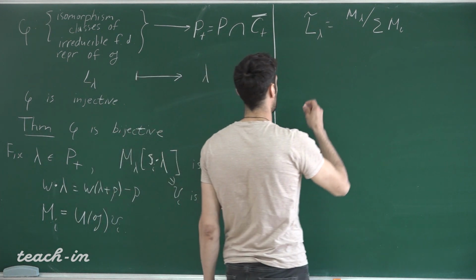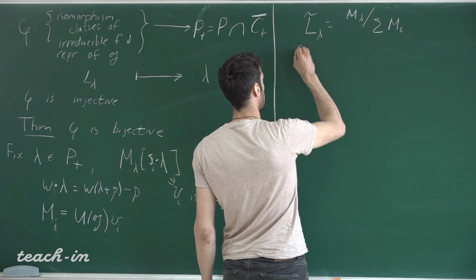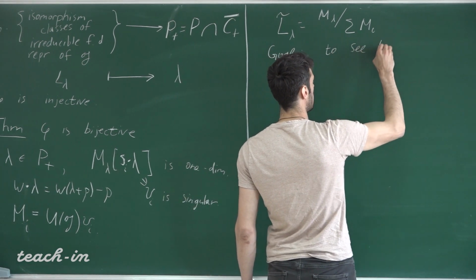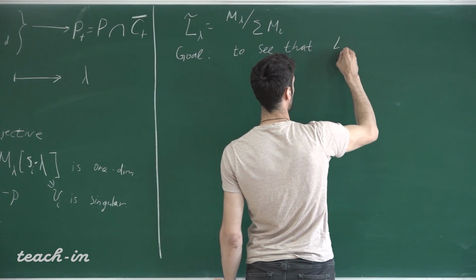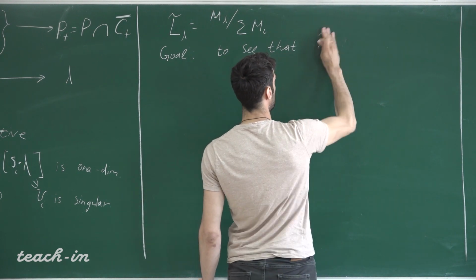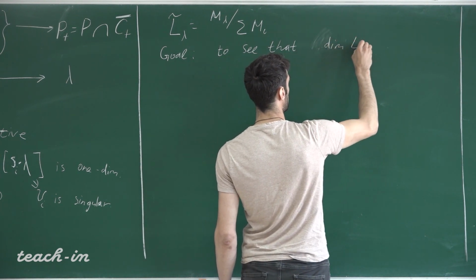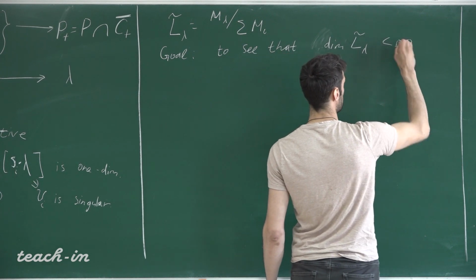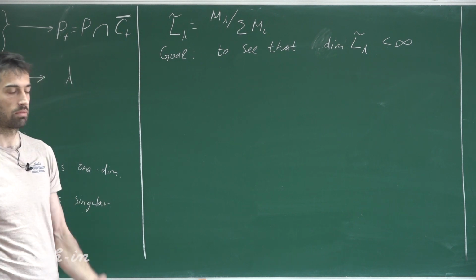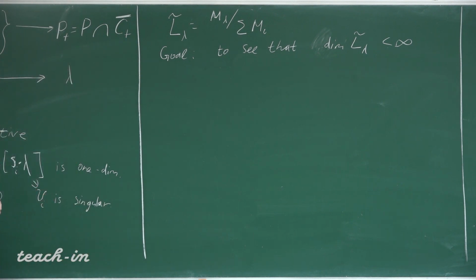And we would like to see, so the goal is to see that the dimension of L lambda tilde is less than infinity. So L lambda tilde is finite dimensional. And actually we explained last time why this would imply the theorem, this theorem that phi is bijective, right?